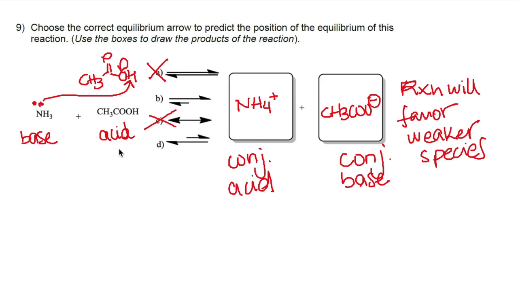If you do that, you will be comparing the pKa of that and the pKa of the conjugate acid. The pKa of the carboxylic acid is 4.75, and the pKa of the NH4 plus will be 9.4. The higher the pKa, the weaker my acid, so the reaction will favor the product side.